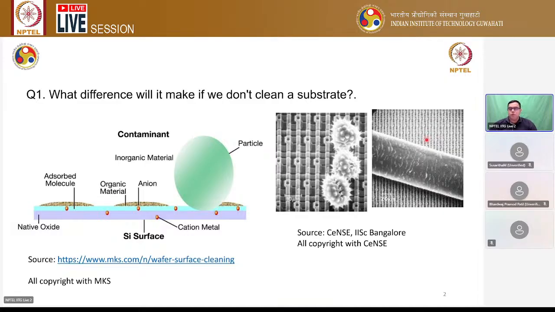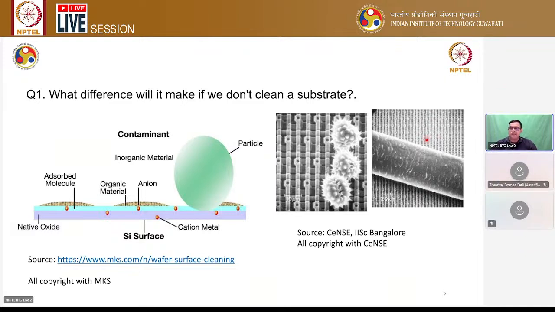All this communication is gone once you have this particle on the substrate. Before you fabricate this device, if this is available, that particular area remains unutilized, so you are not able to utilize that area properly, and you cannot have a proper fabrication or proper orientation of the devices on the wafer.